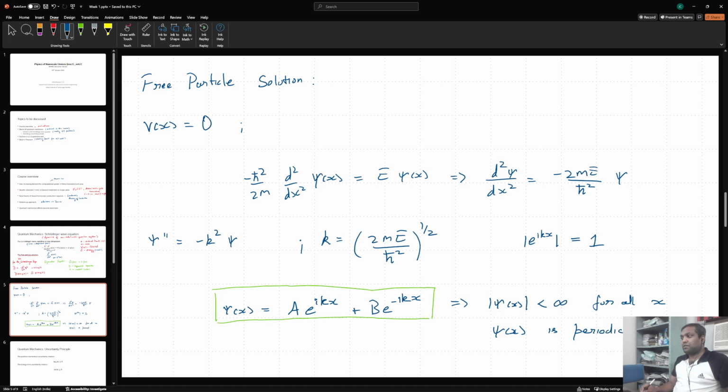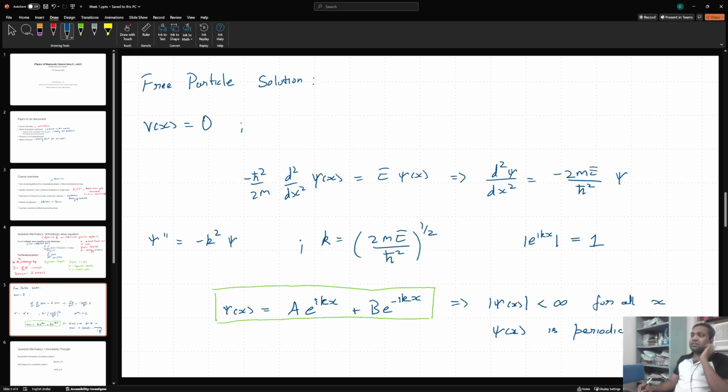So what is the periodicity? If you look at this, e to the power i 2 pi is equal to 1. So I need to make my kx go to 2 pi, that is x goes to 2 pi by k.